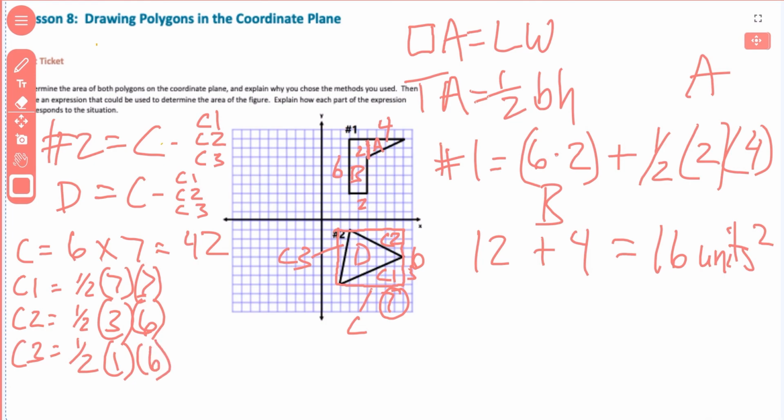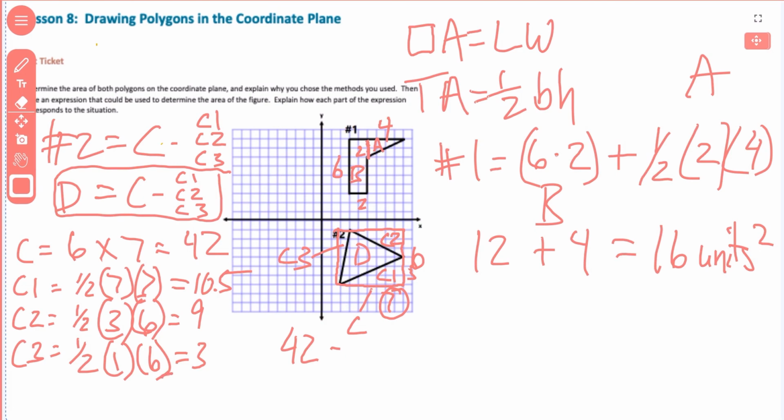Okay. So we have 7 and 3 is 21. Half of 21 is 10 and a half. Then we have 18 and half that is 9. We have 6 and half that is 3. So now go back to our original formula here. To find D, or our number 2, that is C, which is 42, minus the sum of C1, C2, and C3, right?